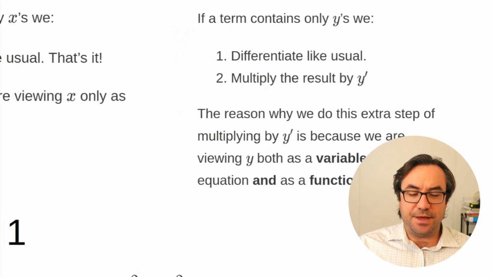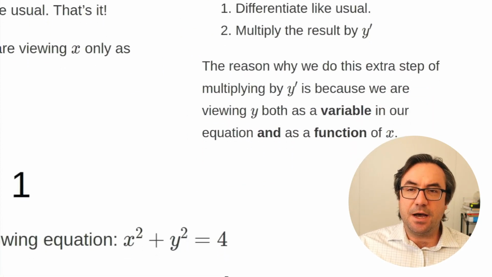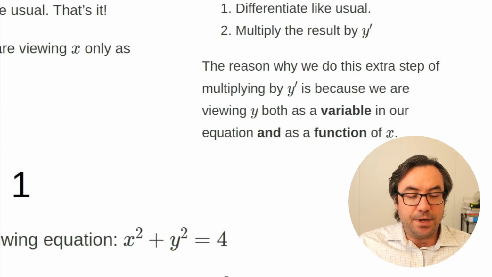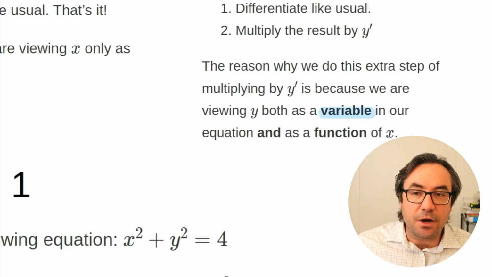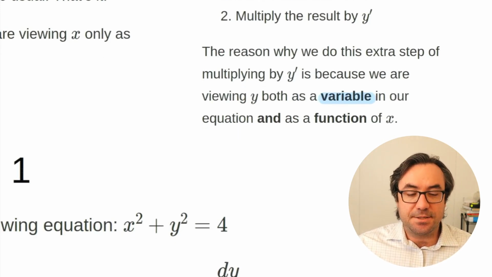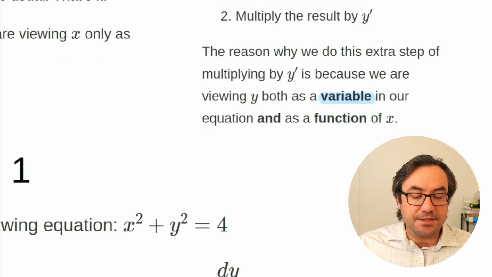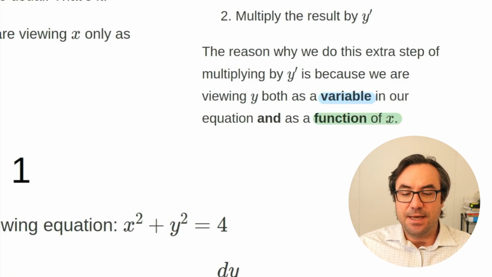And the reason for this is because we're treating y as two things. We're treating y first as a variable, because it's just a variable in our equation, but we're also treating y as a function of x.